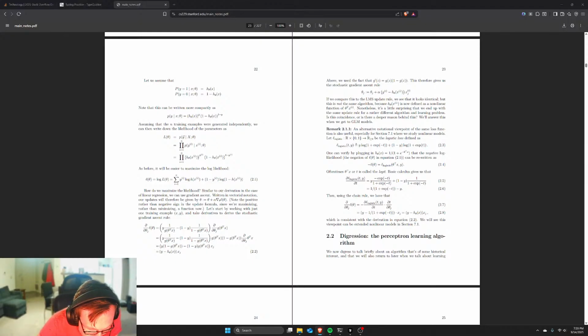So you get yi times g(theta^T x_i) to the negative first, minus (1 minus yi) times (1 minus g(theta^T x_i)). Okay, good.